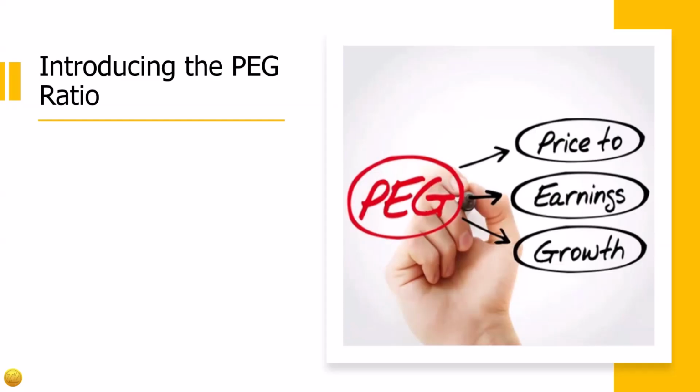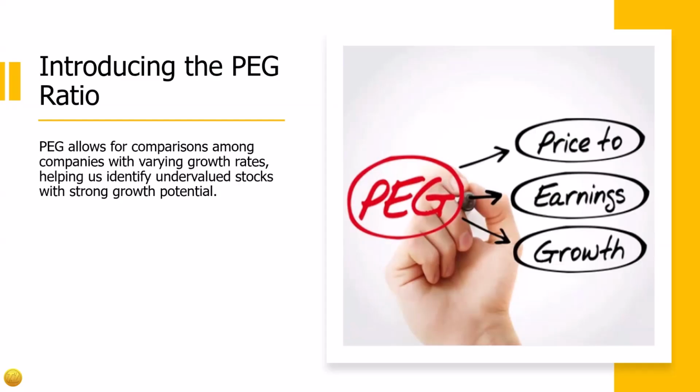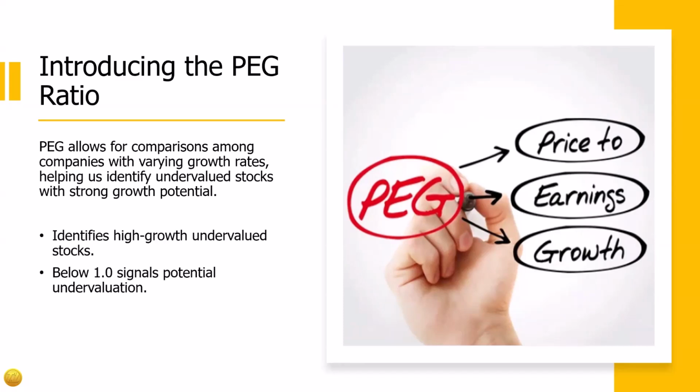Well, let's throw another ratio into the mix and learn a little bit about the PEG ratio, because we've been looking at just valuation PE numbers, but we want to take into account growth as well. We want to try to identify undervalued stocks that also have strong growth potential. And this is what the PEG ratio, or the price to earnings growth, does for us.